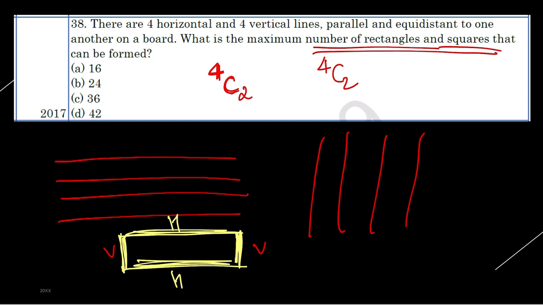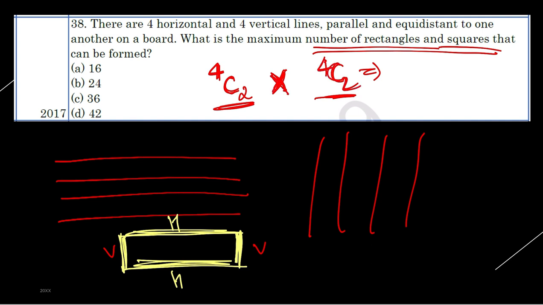Now 4C2 into 4C2. This is the number of ways I have to select horizontal lines, and this is the number of ways I have to select the vertical lines, and since both are independent choices, everything is combined using the multiplication principle.